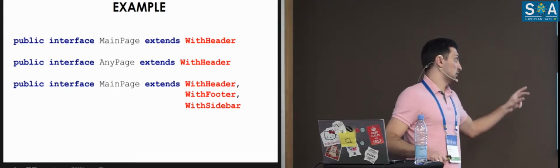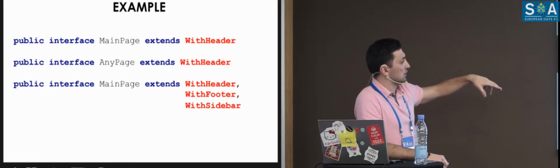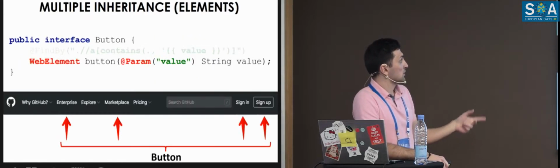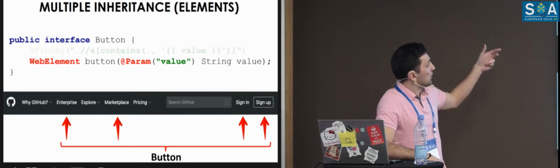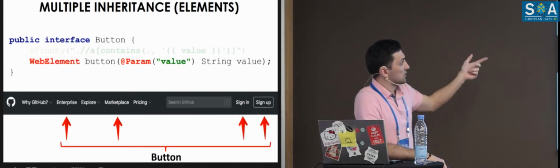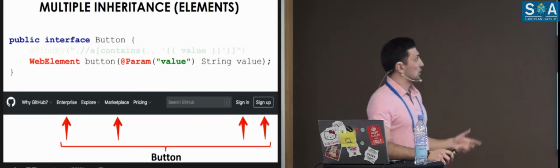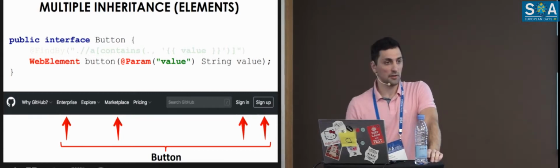On the slide, you see that it is also GitHub headers, and there are 4 buttons. And what we can do, we can set parameterized elements, and then we can use this button in different layers.